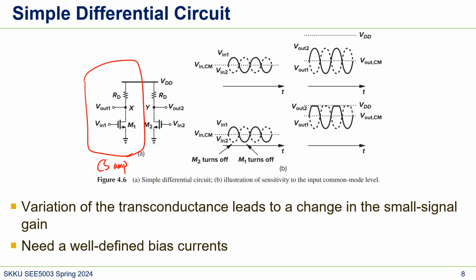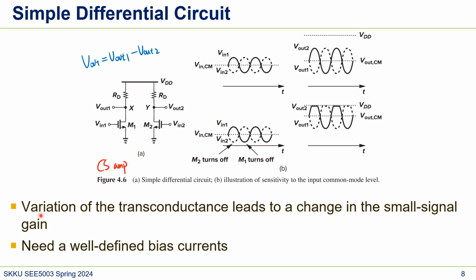So the simplest way we can make a differential circuit is just to place two of them together, and then let's say we have two differential inputs. Then each output can be a differential output. So again, the overall V out would be V out 1 minus V out 2, right? So this is actually a differential circuit, but it has a problem.